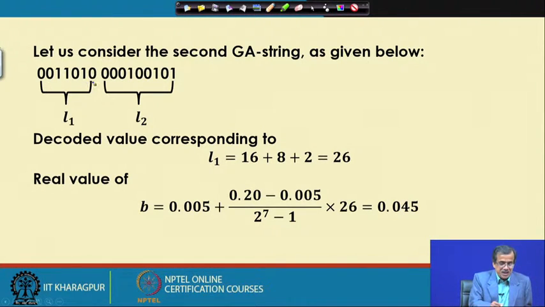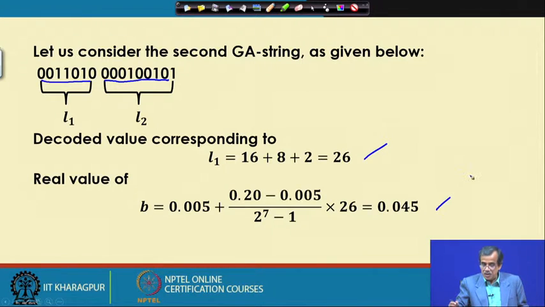So, to represent L 1, I am using the first 7 bits, and to represent L 2, I am using the remaining 9 bits, and following the same principle, I can find out the decoded value corresponding to L 1, and this becomes equal to 26. I can use the linear mapping rule to find out the real value for B, and this comes to be equal to 0.045.